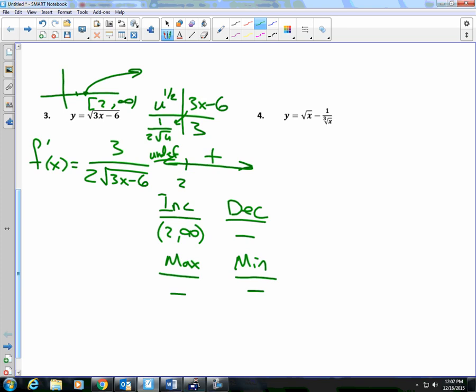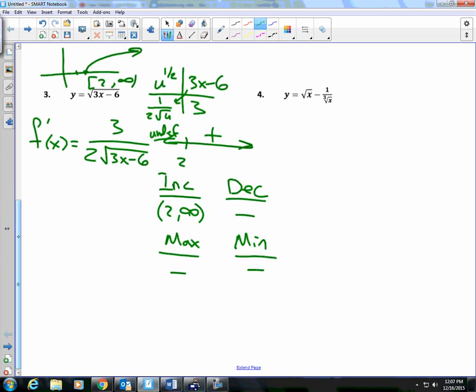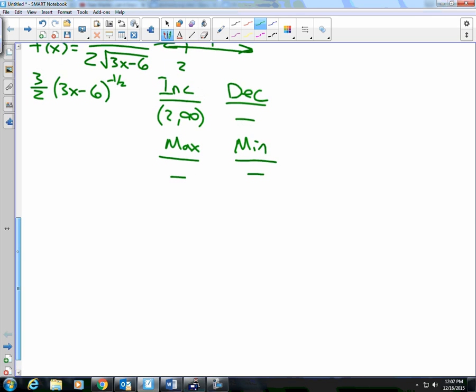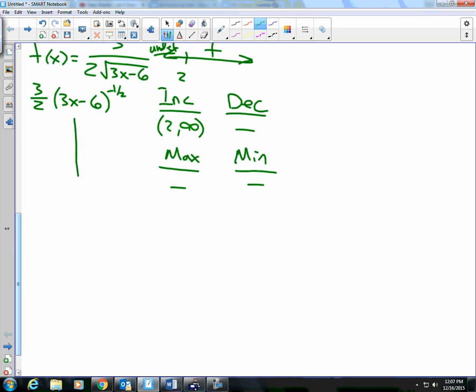We will check for concavity. So let's take the second derivative. I can rewrite this as 3 over 2 times 3x minus 6 to the negative 1/2 power. How do I take that derivative? What rule? Chain rule. Inside is 3x minus 6. Outside is 3 over 2 u to the negative 1/2. The derivative of the inside, 3x minus 6, is 3.